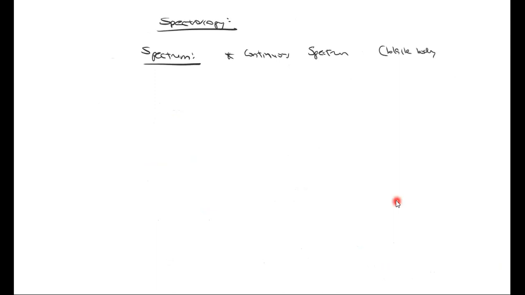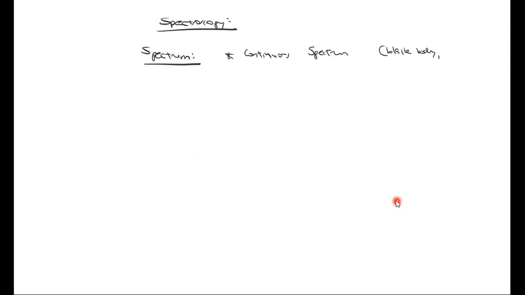Now, you need to understand spectroscopy, and this may also help you with your chemistry in module 8. Basically, you've got different types of spectrum. You've got your continuous spectrum, which will typically be your black body. You can think of things from the sun, although technically it's more of an absorption spectrum.